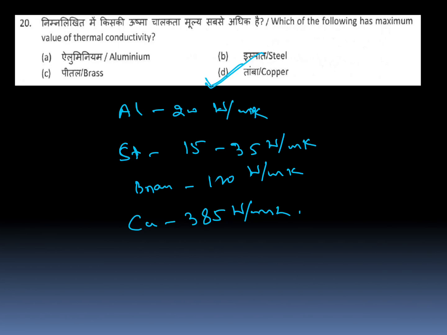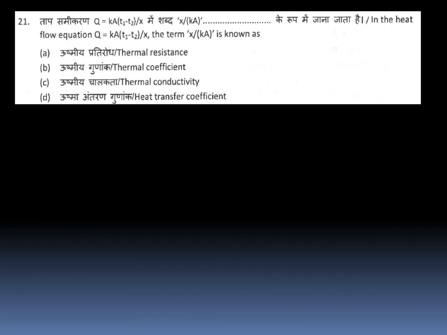Question: in the heat flow equation Q equals KA (T1 minus T2) divided by X, what is X by KA known as? It's the one-dimensional Fourier law of heat conduction, Q equals minus KA dT by dx.